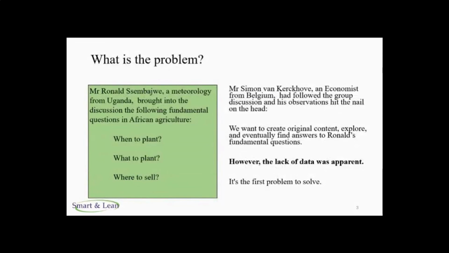As we are talking about a hackathon, we have to identify some kind of problem that we could work on. We needed a frame for our talk. In the very beginning, at the end of March, Mr. Ronald, a meteorologist from Uganda, stated three main questions which African farmers are all the time considering: when to plant, what to plant, and where to sell.